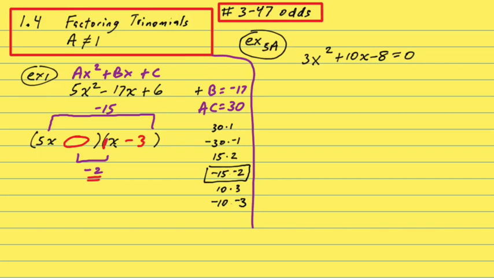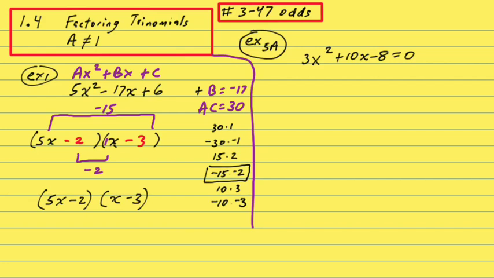That would be a negative 2. Now, just double check, does last times last equal last? Does negative 2 times this negative 3 equal the last? Negative times negative is a positive, right? So we have that factored.